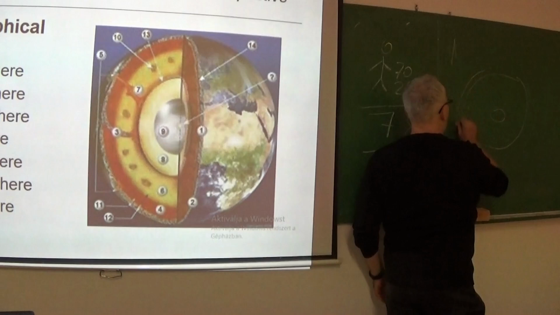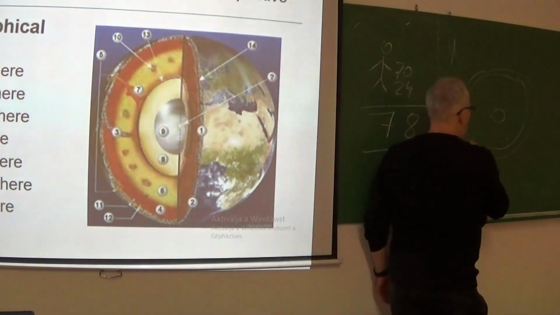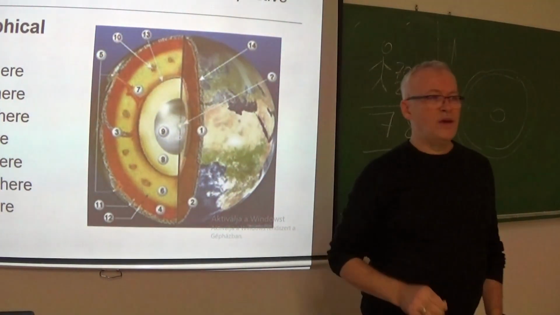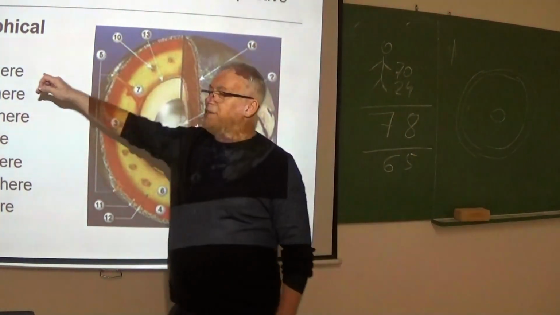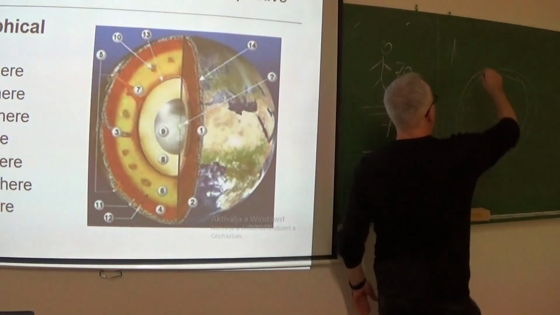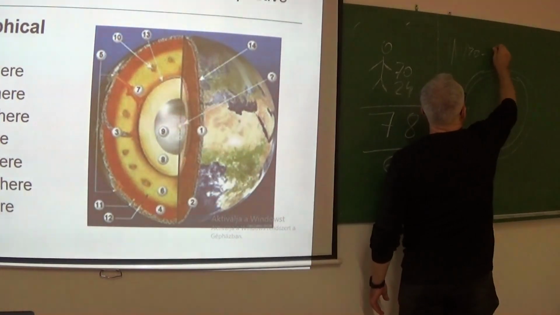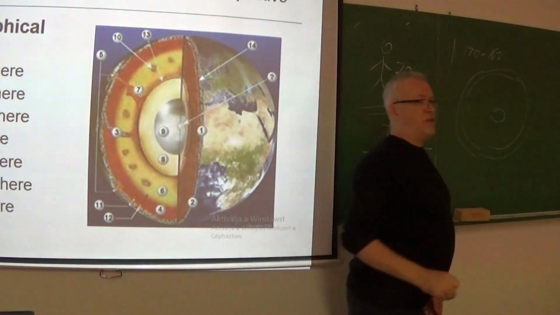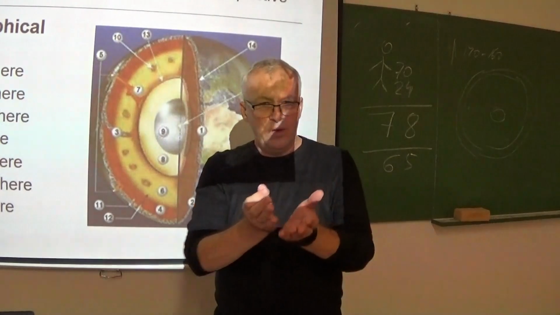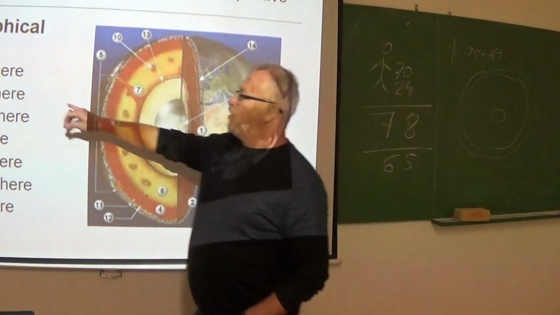And the crust around the Earth, this is the lithosphere. The size of the lithosphere changes between 140 and 160 kilometers. Like on an apple, it's a crust.